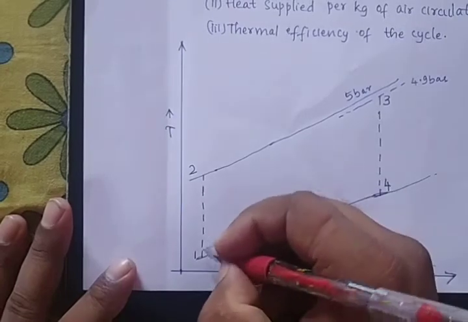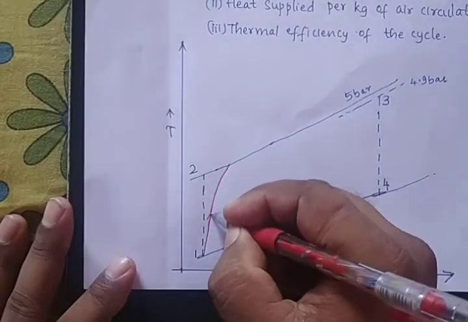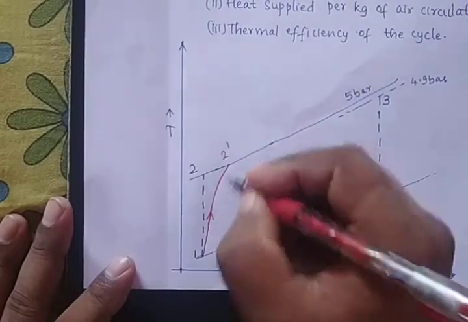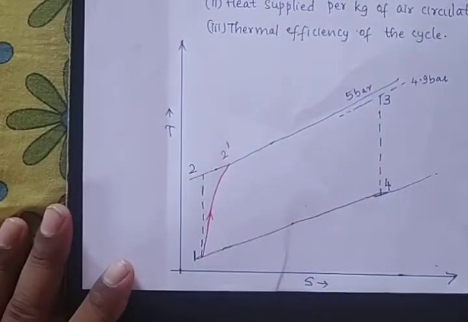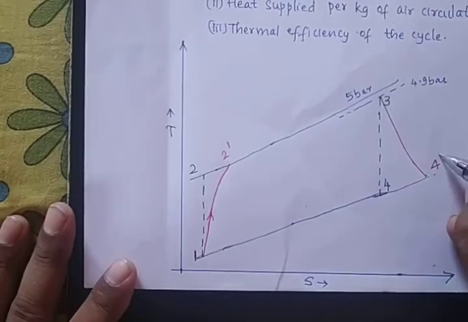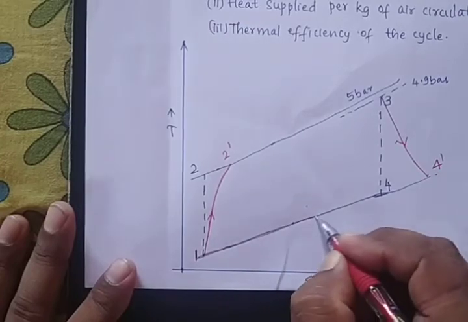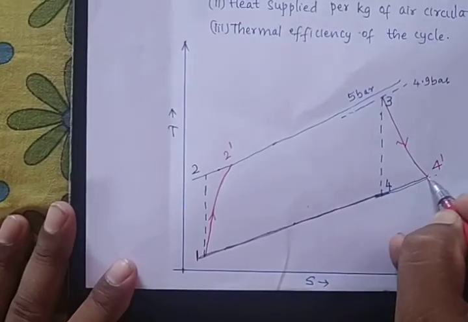So with the red pen I will mark isentropic compression, that is 1 to 2 dash, and then from 3 to 4 dash the actual expansion taking place in the turbine. And now with the red ink I will show the whole cycle.